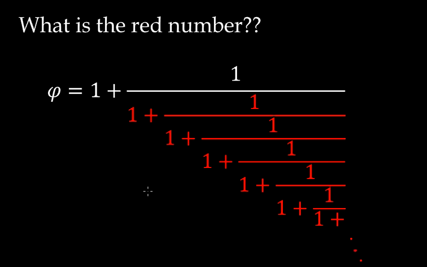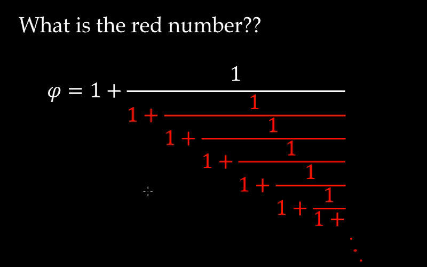This is exactly the same number that I just had in white font. Now I have changed all but the top two ones and the top denominator line to red. It's exactly the same. I just changed the color of the font. And I want you to look at the red part of the number, and tell me, what is that number? This whole process is pretty tricky because you've never seen anything like this before.